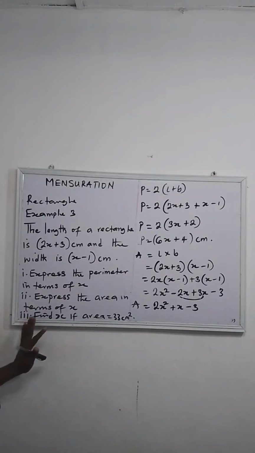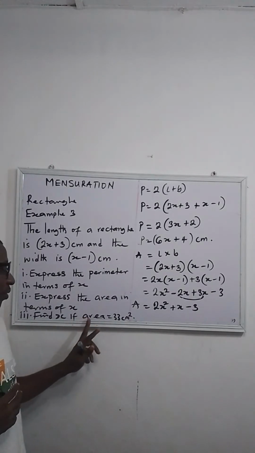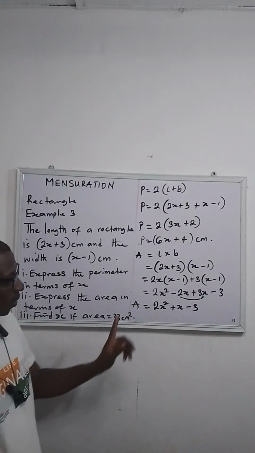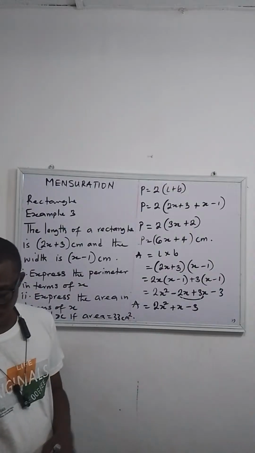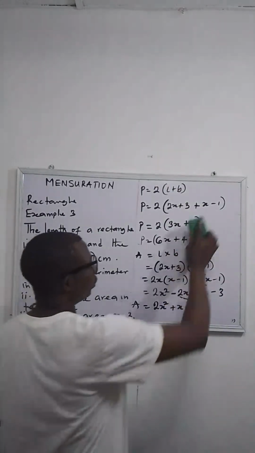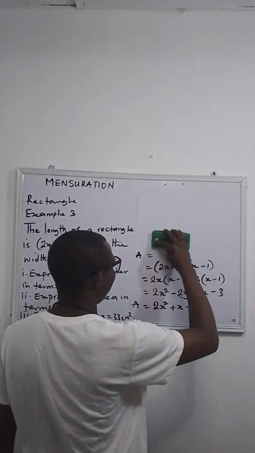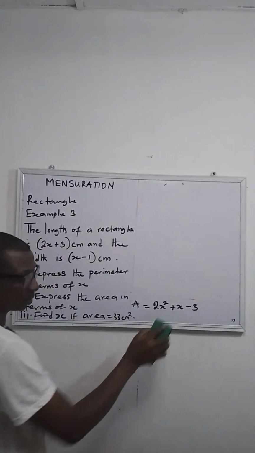All right, so now let's look at this third one. Find x if area equals 33 centimeters squared. Okay, so now area has been given to be 33 centimeters squared. So we just plug in the value of A. Let's plug that into this equation.